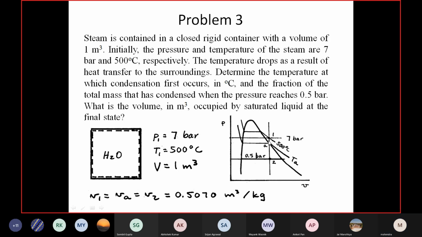This is the volume of the container. However, for the specific volume at this point, from the steam table you may need to go to the superheated steam tables. Many tables are there. From that, you will be calculating the specific volume at this point from table A4.